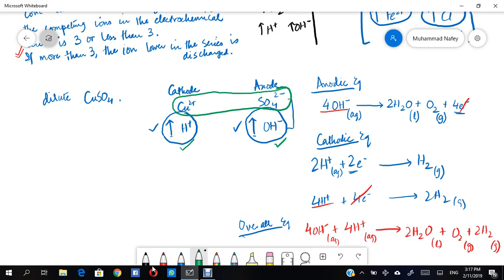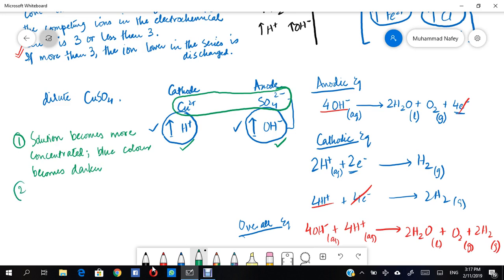The first observation is the solution becomes more concentrated. And how do we know this? Because the blue color becomes darker.